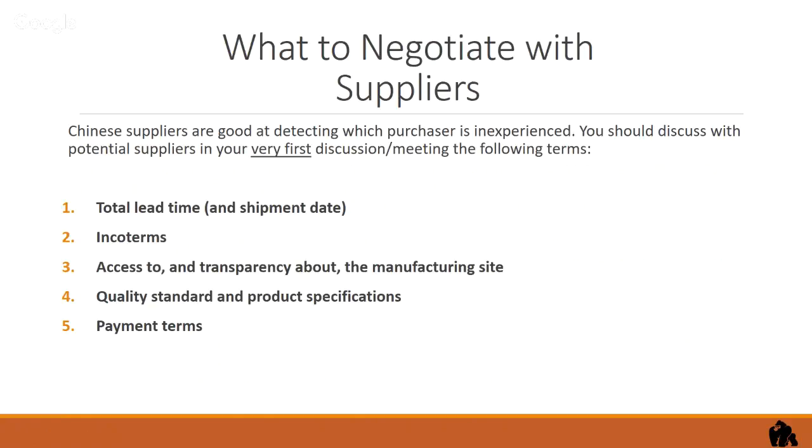Quality standard and product specification. Less important on your standard garlic press, but it's still important that you understand exactly what you're putting out and what you're buying. If you leave it fairly open-ended, in other words, just send us what you've got, well, guess what? They're just going to send you what they've got, regardless of the quality.